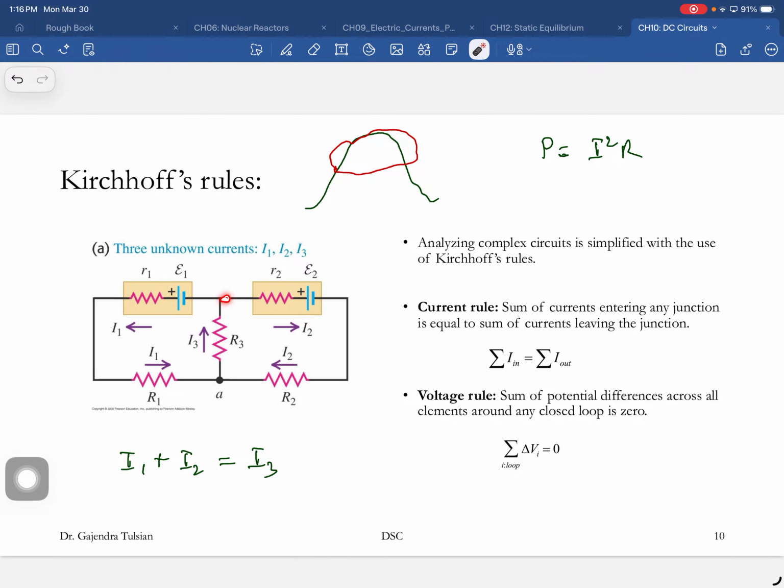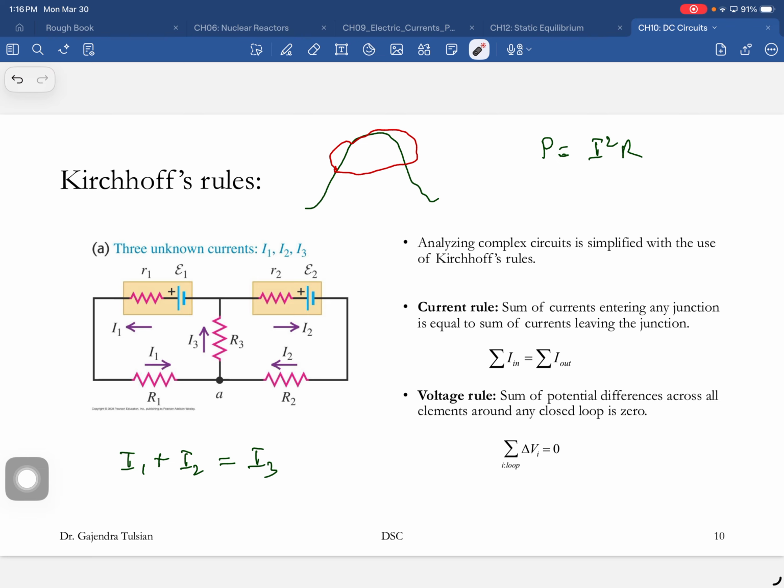So when you go with the direction of the current, the change in voltage across this element, we'll go around, we'll call this loop L1, loop 1. Currents flow downhill. So when you go across this element, the voltage decreases.